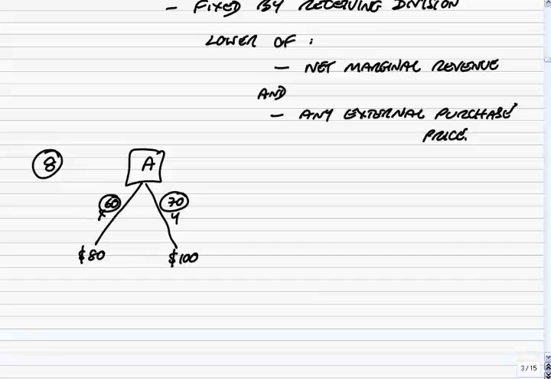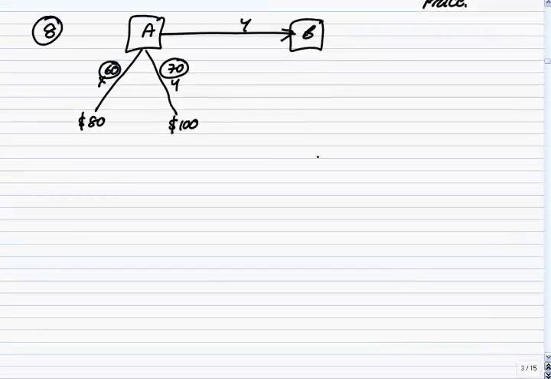Further down, though, division B requires product Y. Now, I've not given you any details about division B, and the question says all it requires is the minimum transfer price. So what's the minimum A would charge to supply Y to the other division?